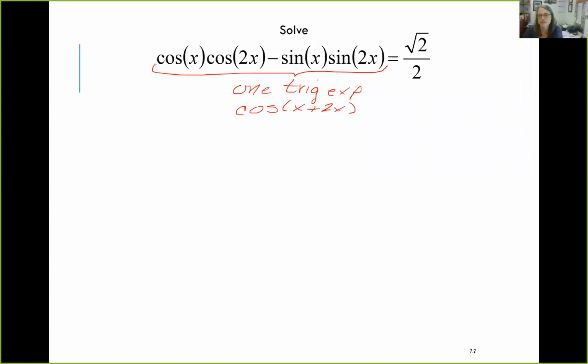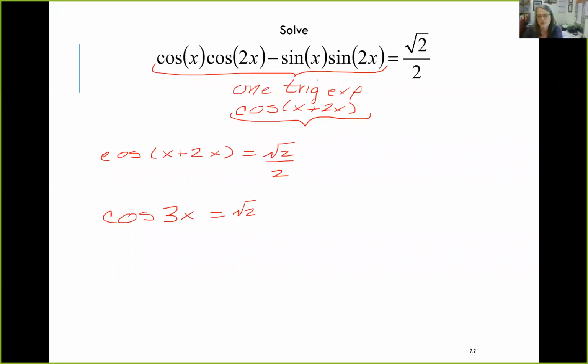So this left-hand side is the expanded form of this cosine of a sum. So what we have is the cosine of x plus 2x is equal to square root of 2 over 2. Add these together, we get cosine 3x equals square root 2 over 2.